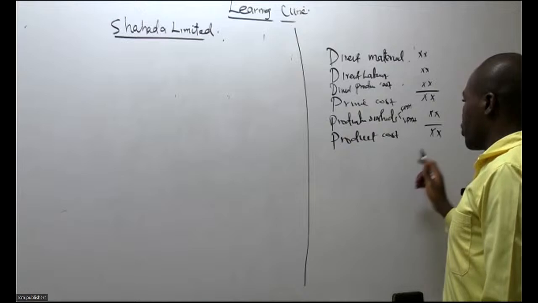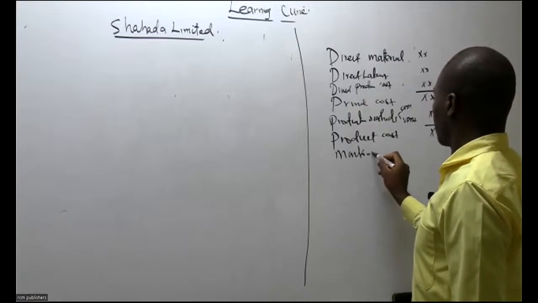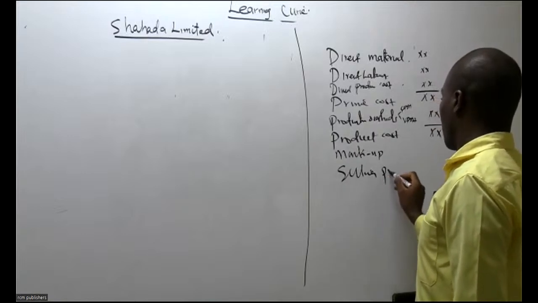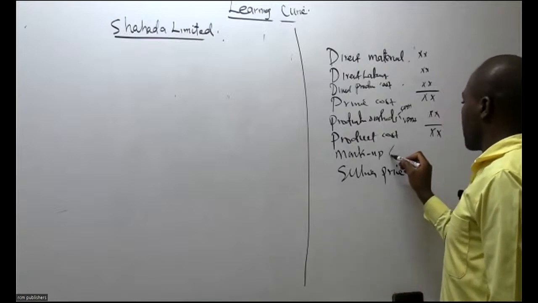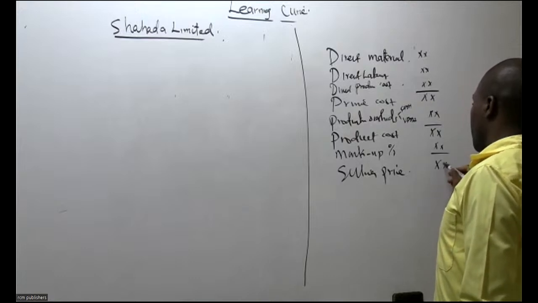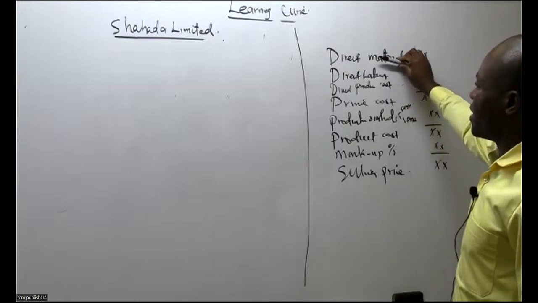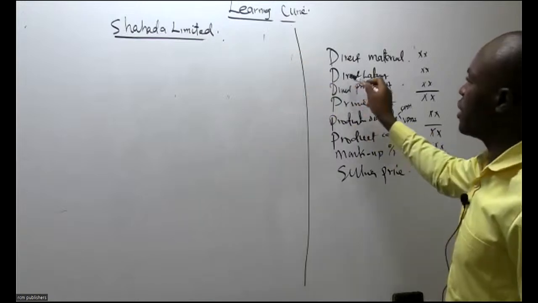After having the product cost, you will give us markup to arrive at the selling price, maybe a given percentage of the production cost. So all this, I think, is given. The only thing they have not given you, which you need to calculate under this topic, is this one here.